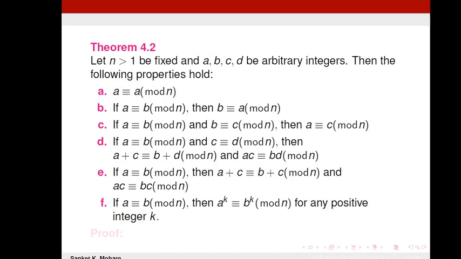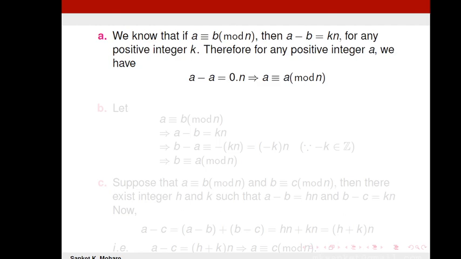So these 6 properties we have to prove, and here what is given is n is greater than 1 and a, b, c, d are arbitrary integers. So first property, a is congruent to a modulo n. Let's have the proof. We know that if a is congruent to b modulo n, then a minus b is equal to kn for any integer k.